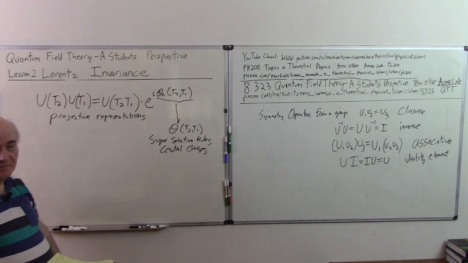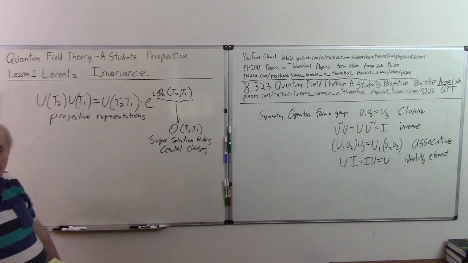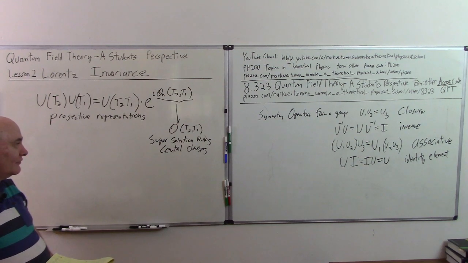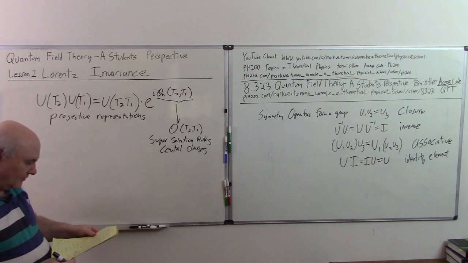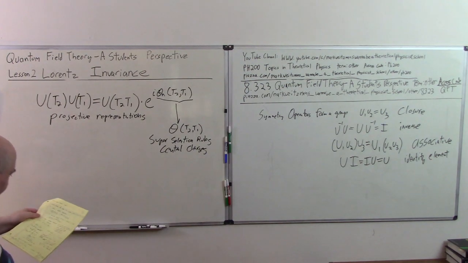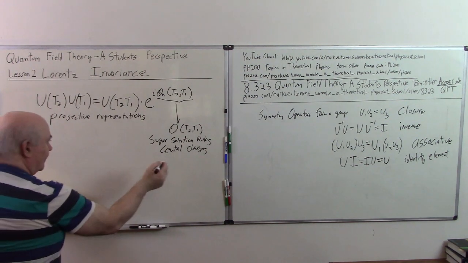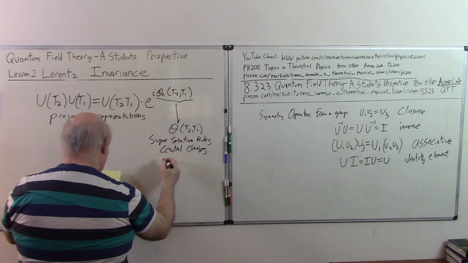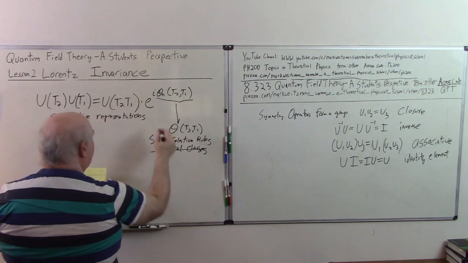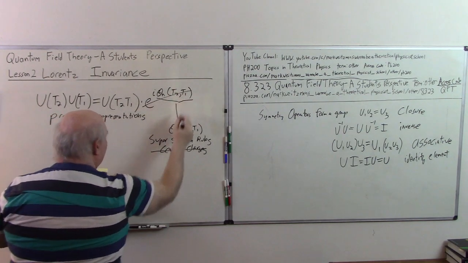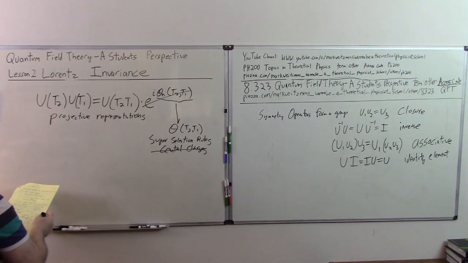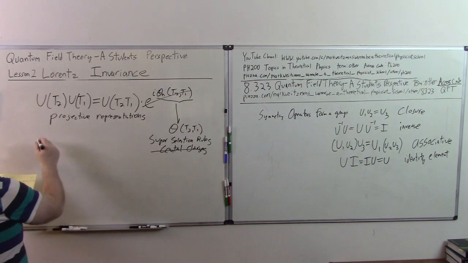And if you look in Ballentine's book on quantum mechanics, he works it out and shows where the central charge arises from. But Weinberg does claim, and he shows, that you can get rid of all these projective factors and the central charges and everything if you expand the group.